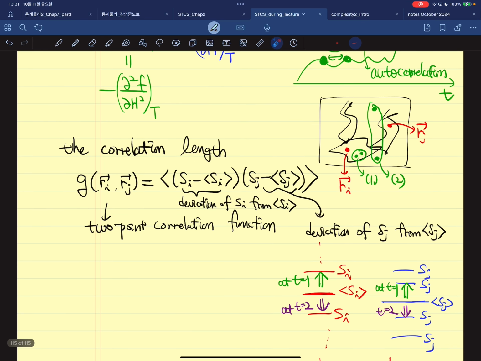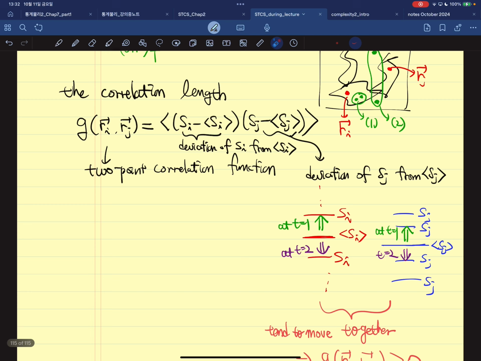It's a little more subtle than the simpler percolation problem. In that case it was much easier to understand, because it was simply defined as the probability that two sites belong to the same cluster. But this is a little more subtle one. Anyway, this is defined.